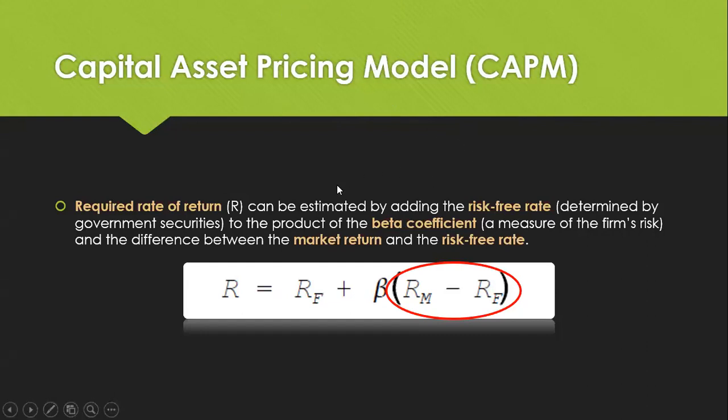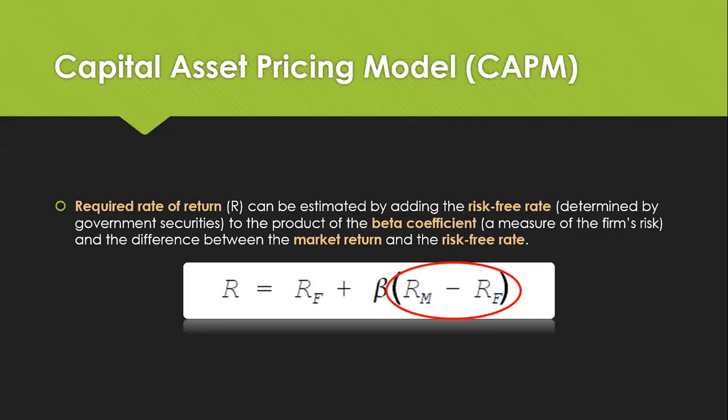Okay, so going back. Required rate of return can be estimated by adding the risk-free rate. The risk-free rate is the rate that has no risk at all. This rate is actually determined by government securities. The bonds issued by the government, we consider them as risk-free. Why are they risk-free when the government issues the securities?